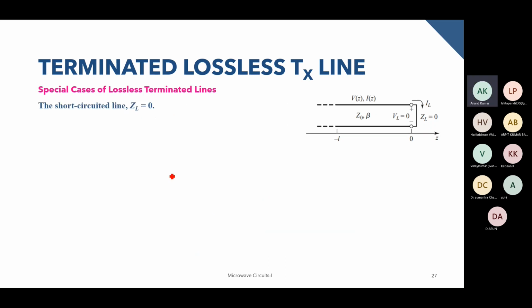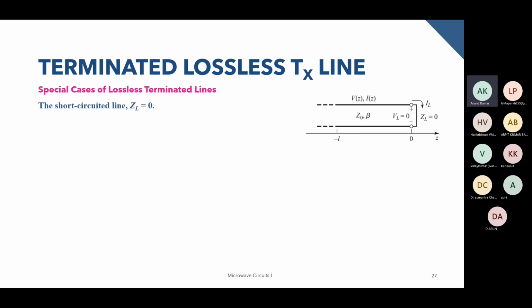Okay. So looking at the plots for the voltage, current, and the impedance for the short circuited transmission line. Tanh beta L, I'm not sure if I'm following it correctly.